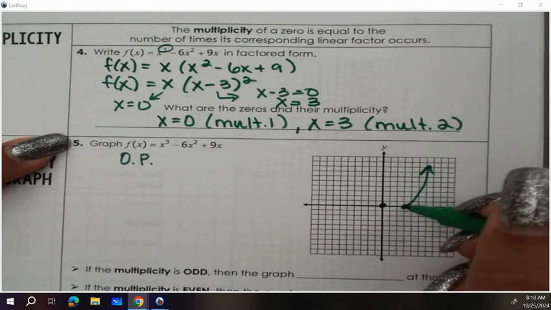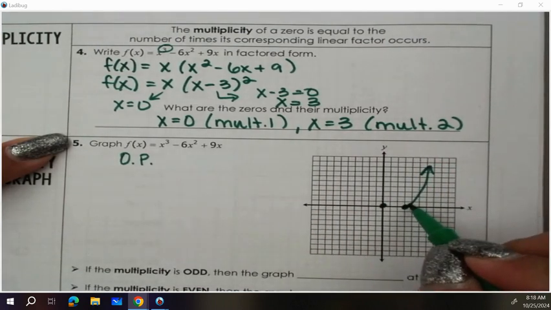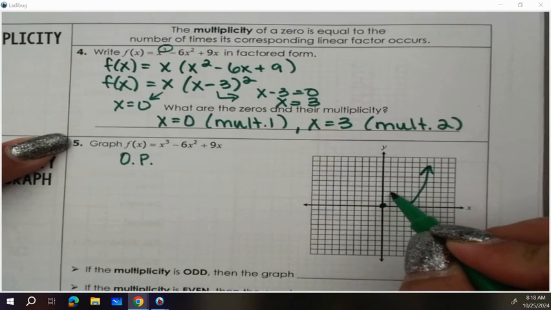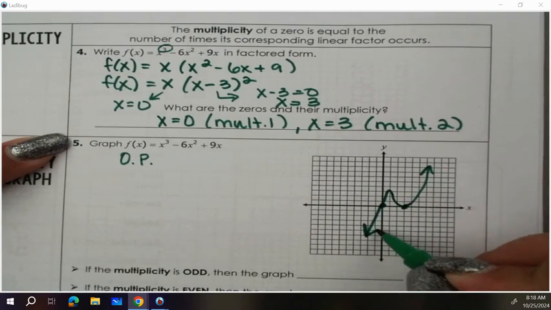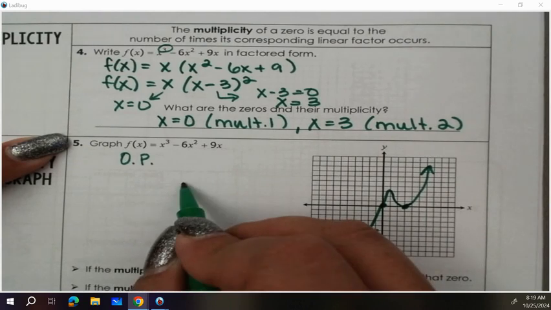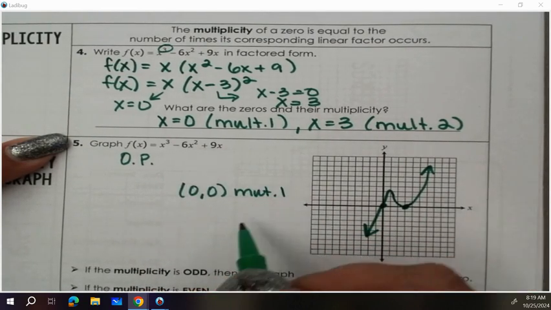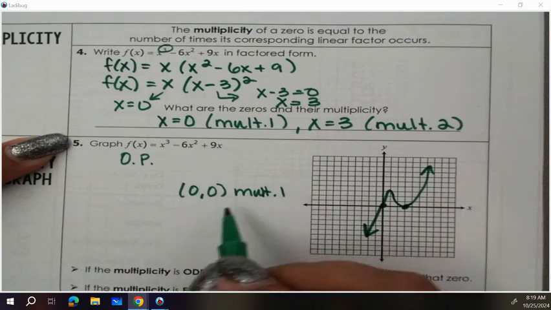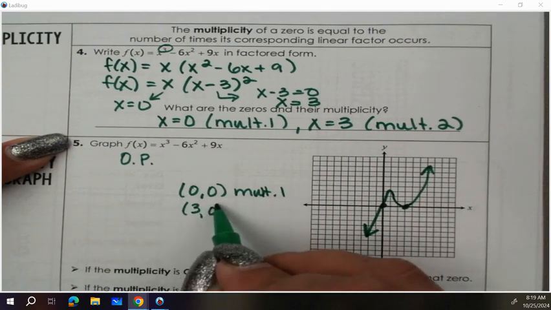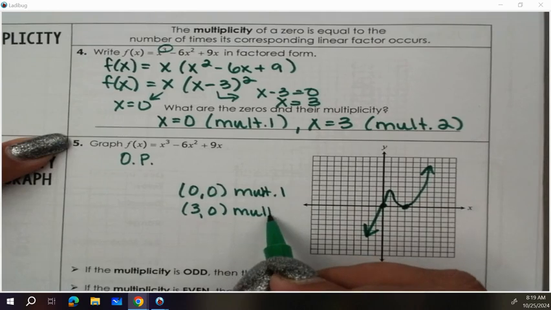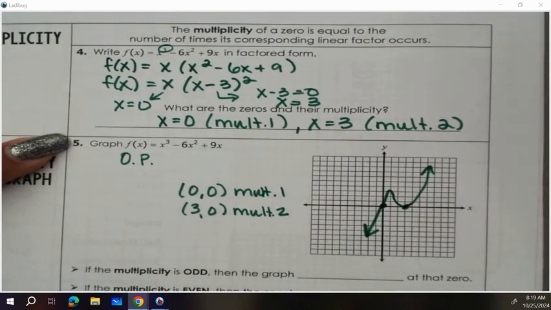I bounce here because 3 happens twice. I must come up here and cross back down. At (0, 0), there's a multiplicity of 1. And at (3, 0), there's a multiplicity of 2 because it bounces.